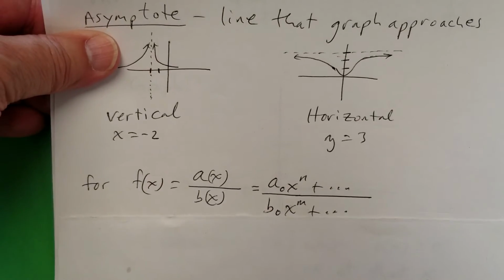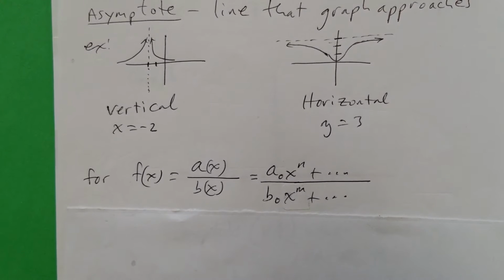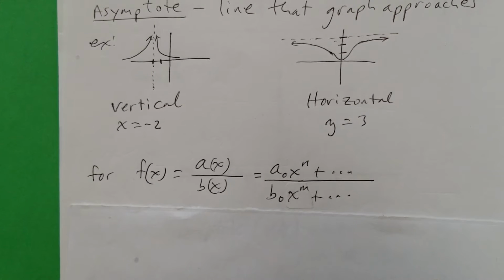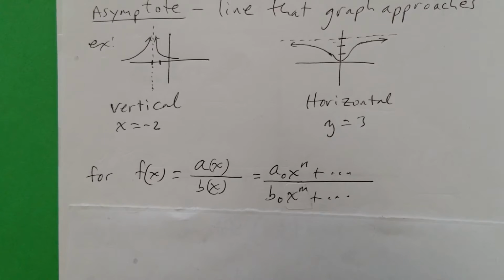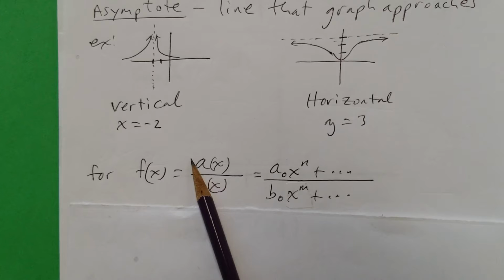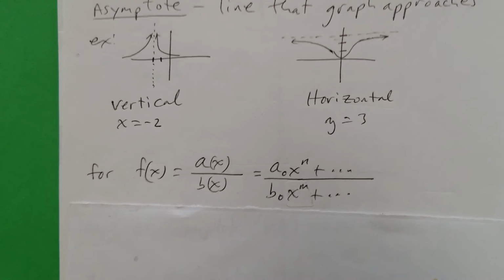Okay, here's the rule for the day. It looks messy, but stick with it and it does become simpler. So suppose you had some polynomial, short or long, over some other polynomial, short or long. Okay?